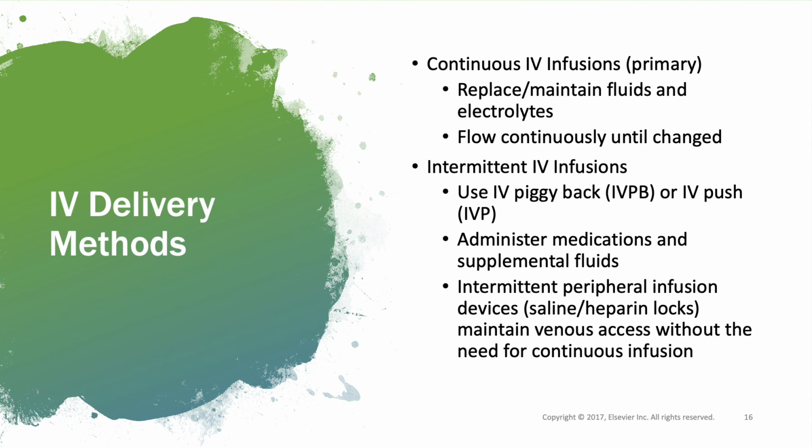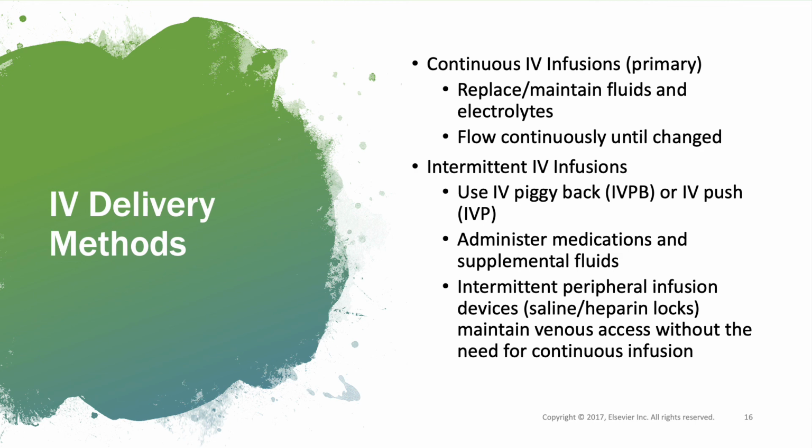IV fluids can be given continuously around the clock without interruption, or they can be given intermittently at certain intervals. So continuous, or they may be referred to as primary infusions, are usually given to replace or maintain fluid and electrolyte balance. And these are given around the clock continuously until the provider changes the order.